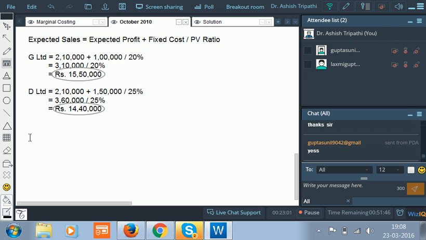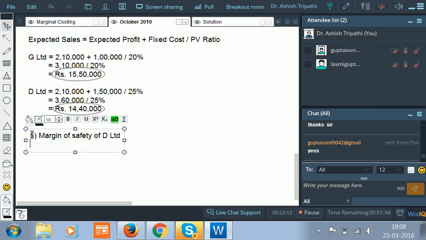Now in fifth part, what is asked is margin of safety of D Limited. It's very simple. Margin of safety of D Limited. We should know the formula for margin of safety. Do you know the formula for margin of safety? What is the formula for margin of safety?